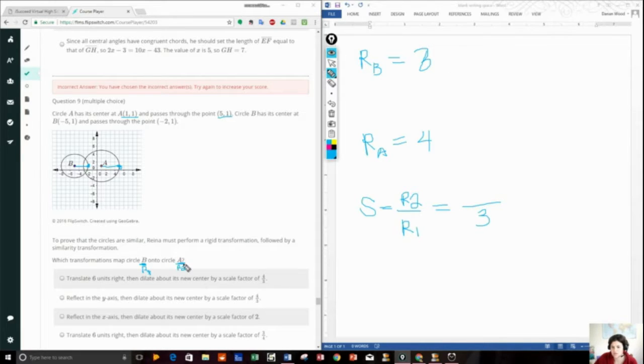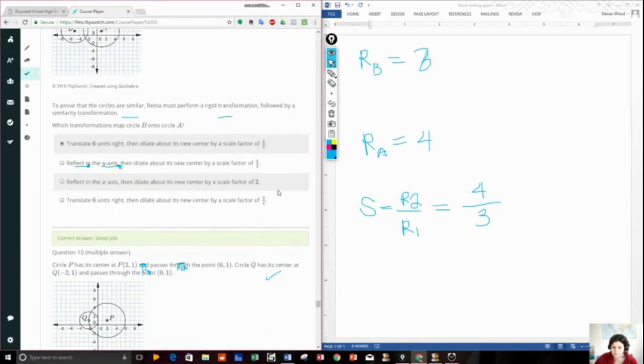And then circle A is our second one, and its radius is 4. So our scale factor is going to be 4/3. So let's check. This one has 4/3. This one has 3/4. Our scale factor is 4/3. So that is what we want to do.